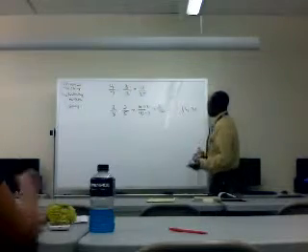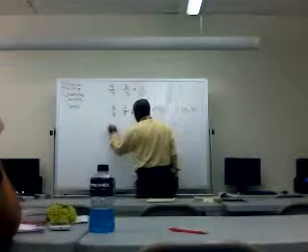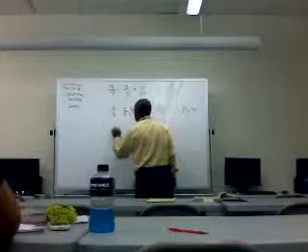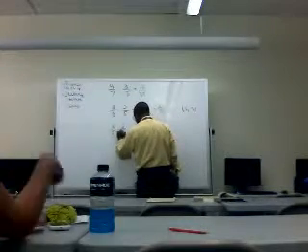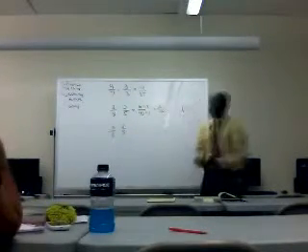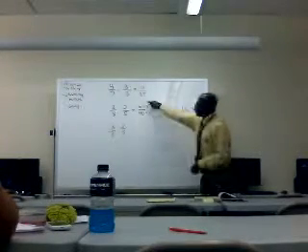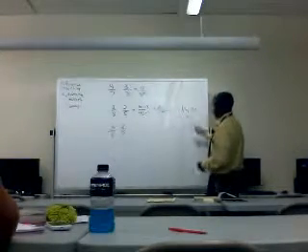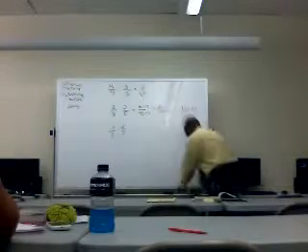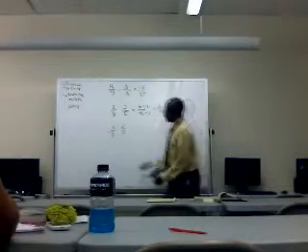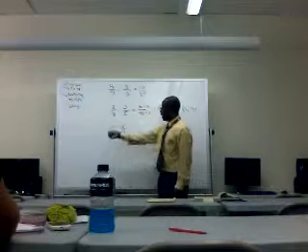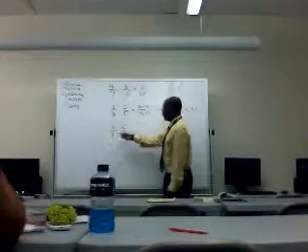Now, the other thing we can do is we can cross-cancel. All right? Now, the benefit of cross-canceling is it's easier to see what numbers go into each other when you're first multiplying. I mean, you can do it here, but again, you have to go through and look at all the possibilities. But here, we can look diagonally. Are there any numbers that go into 3 and 5 besides 1?